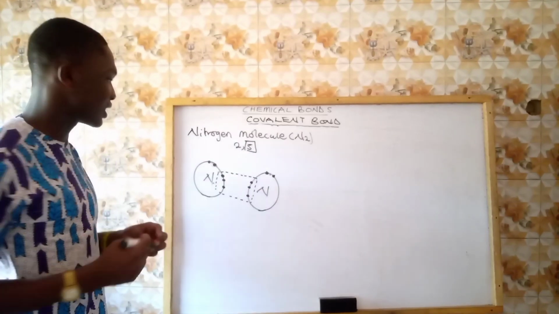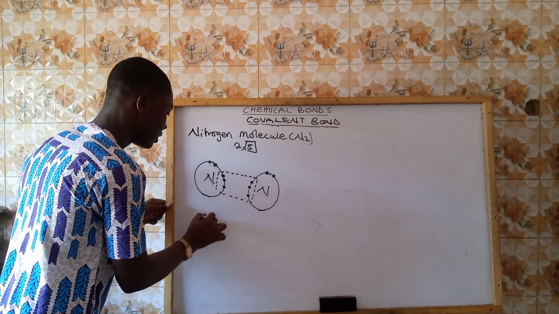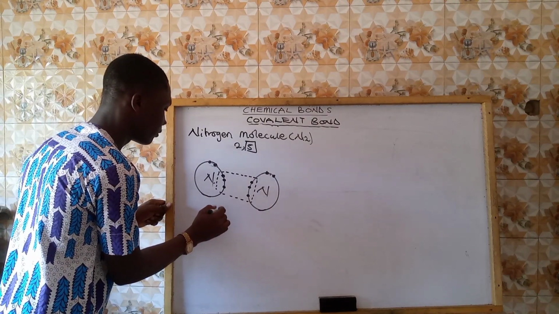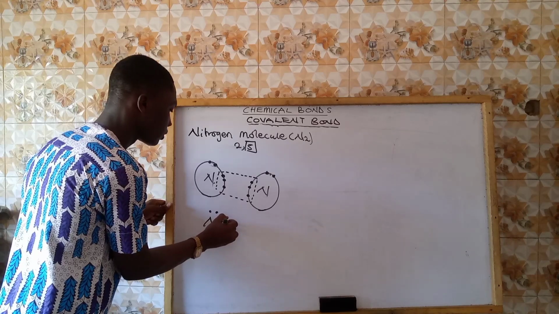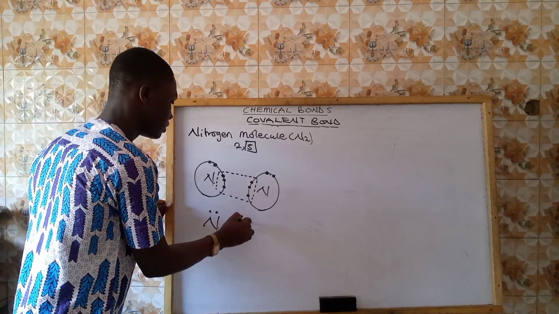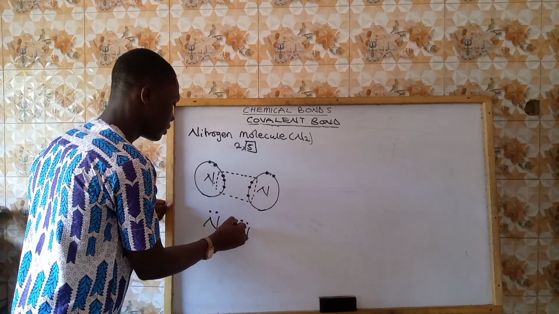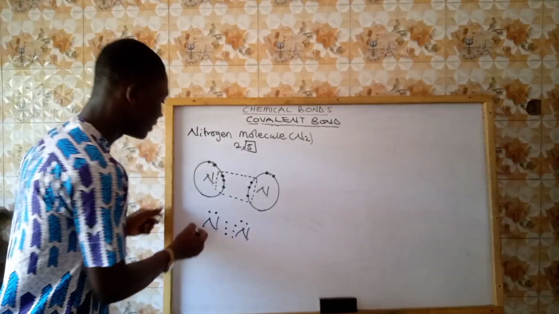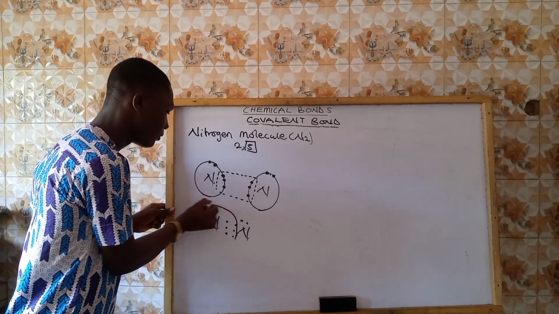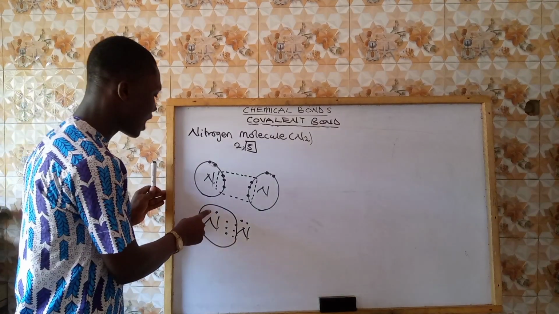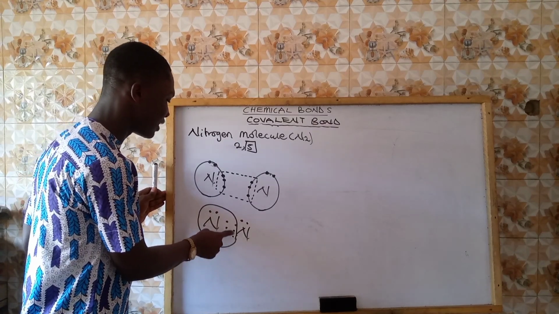Let's show it more clearly. So you have N here with 5 electrons, 1, 2, 3, 4, 5, and N here with 1, 2, 3, 4, 5. Since they are sharing electrons, this one will have 8 electrons here: 1, 2, 3, 4, 5, 6, 7, 8.